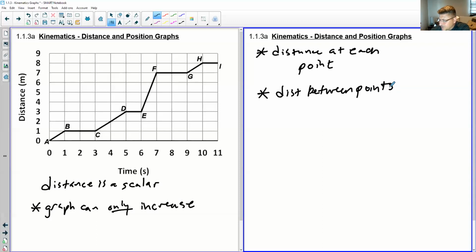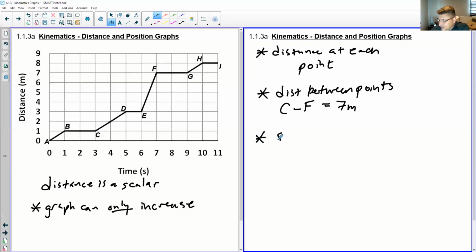So for example, the distance traveled between points C and F would be 8 meters minus 1 meter, or 7 meters. Okay. We could also get speeds.